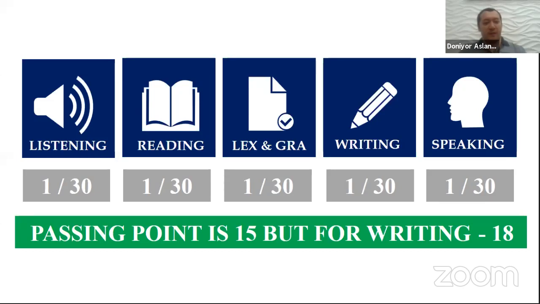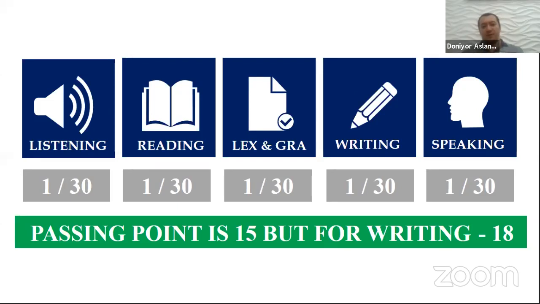And for teachers, there is one regulation: each section should be at least 15 points, like 50% of right answers. But in the writing section, they should score at least 18, which means 60% of right answers. But in the level test, it doesn't matter.